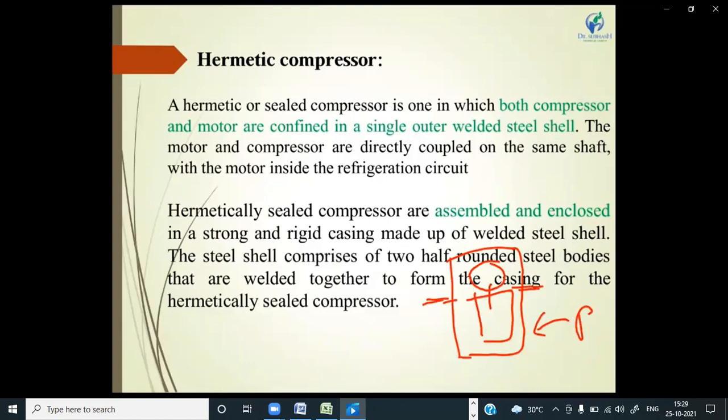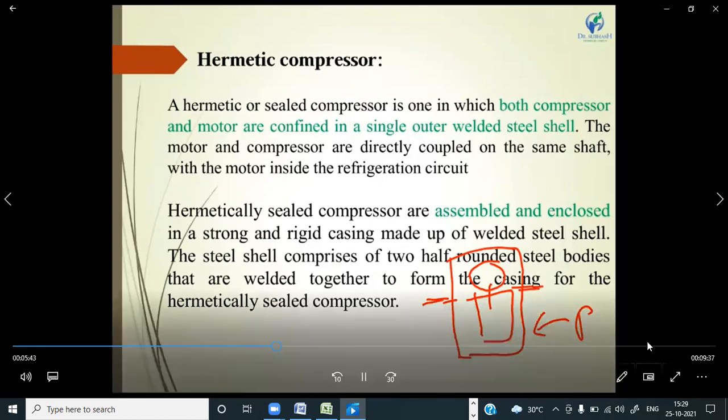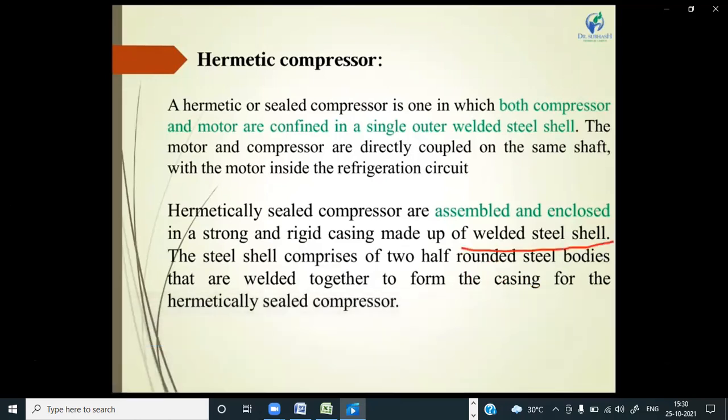The motor and the compressor are directly coupled onto the same shaft, with the motor inside the refrigeration circuit. Hermetically sealed compressors are assembled and enclosed in a strong, rigid casing made of a welded steel shell. Because we have to maintain a higher pressure inside the compressor, we give it a strong and rigid casing with welded joints.